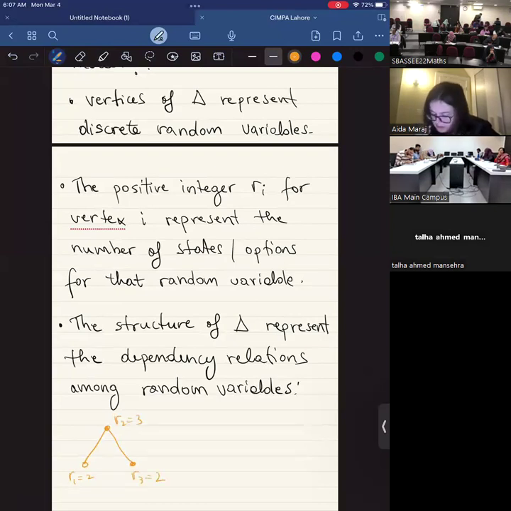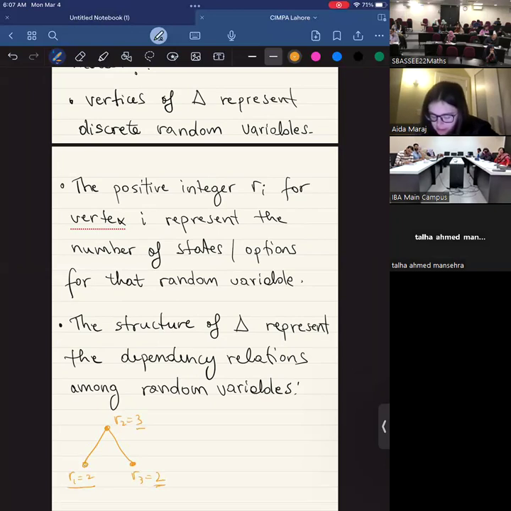So we have 3 random variables; the first one has 2 states, meaning it has binary choices, let's say yes, no. The other one has 3, let's say we are considering 3 colors. These numbers are the number of options for that random variable.